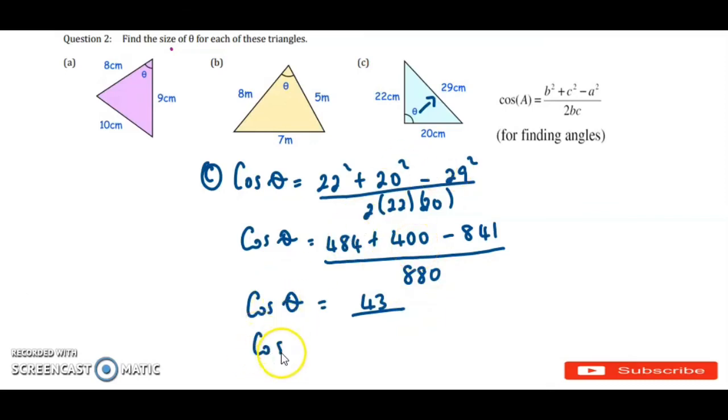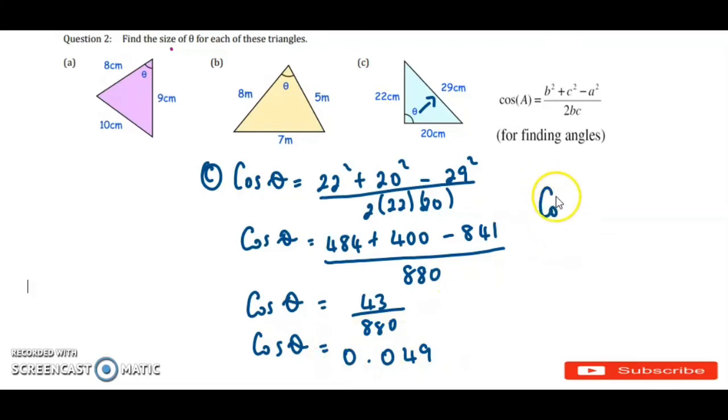So here we have cos theta is equal to 0.049. Now we're going to find the inverse of 0.049.